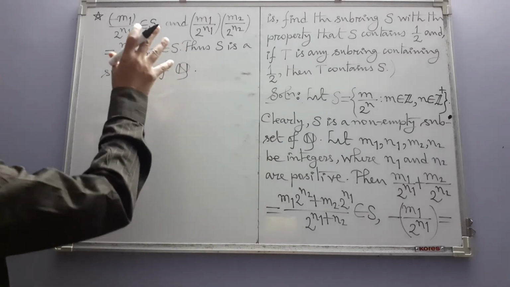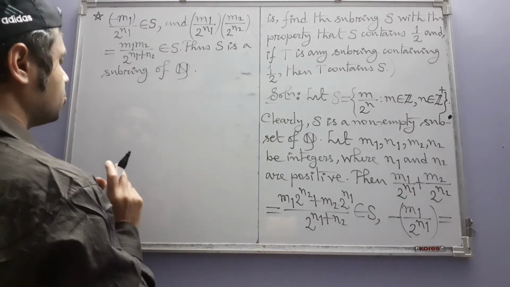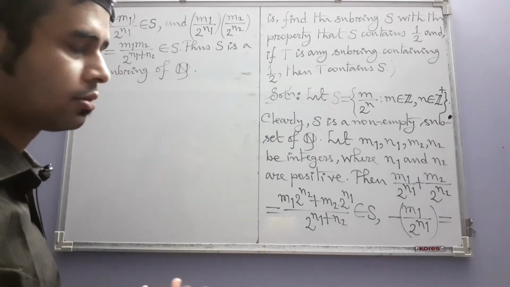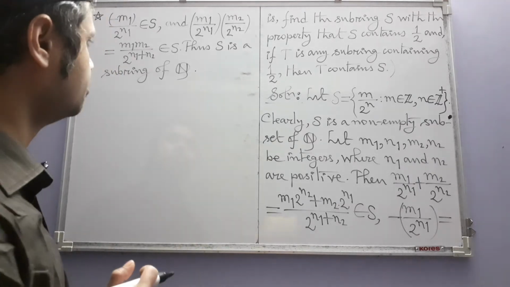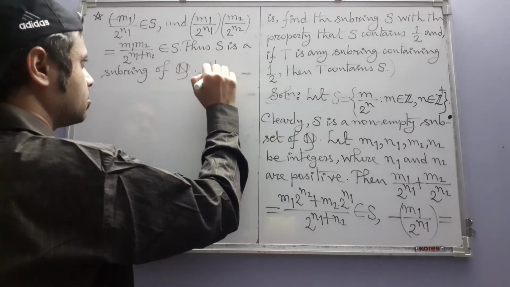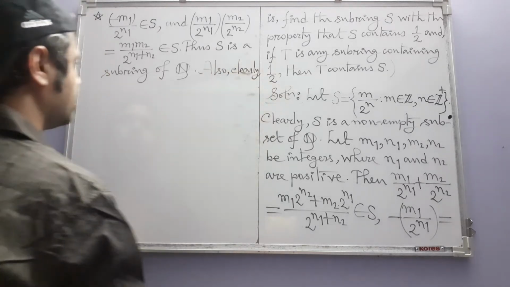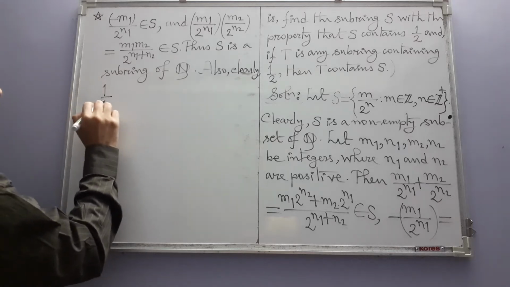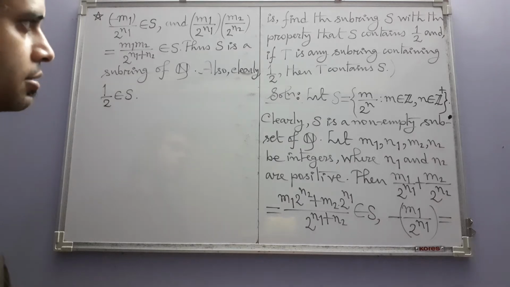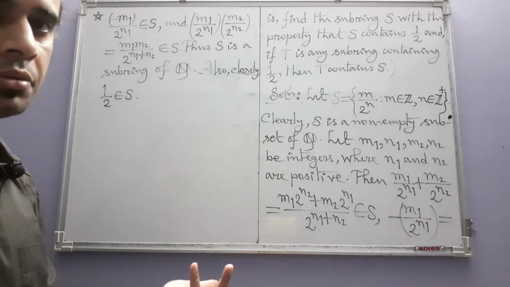It is a part of that and it's contained within it. So we have just shown that S is a subgroup of Q and is a subring of Q. Also, clearly that rational number belongs to S. For that you just choose both m and n to be 1.